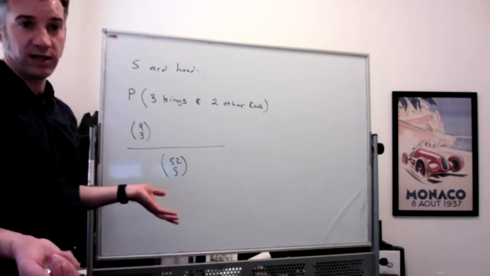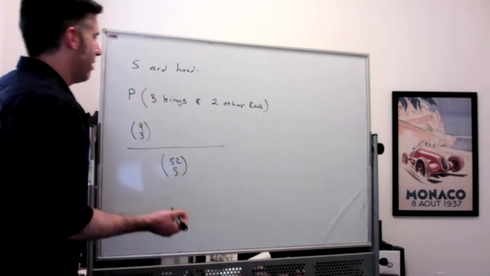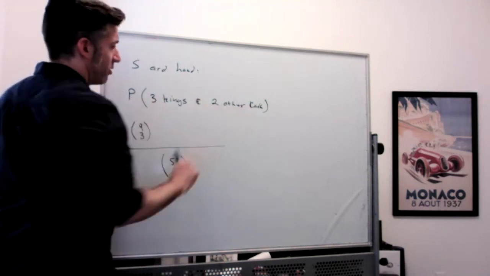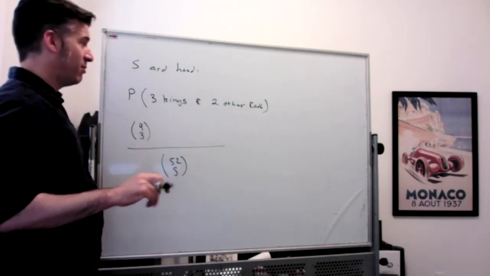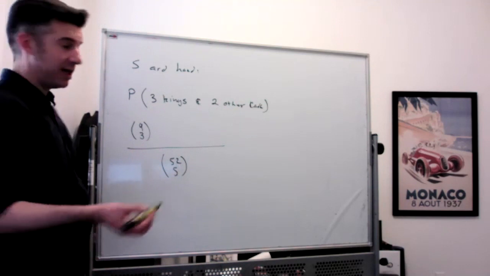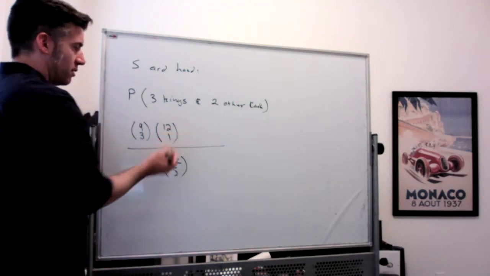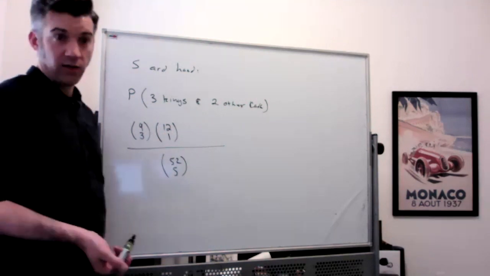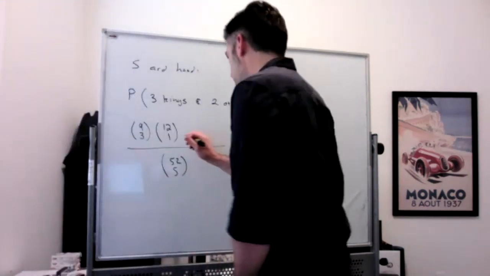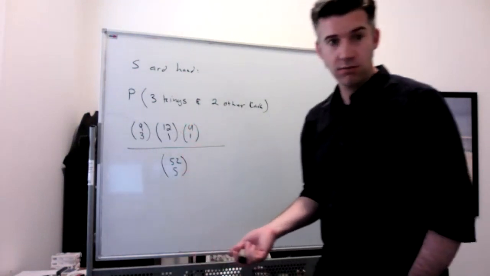There's 4 different ways of getting 3 kings. Basically, there's 4 different ways of excluding 1 king. And then 2 other cards. Well, I can pick anything that's not a king. So there are 12 other types of cards that are not a king. So there's 12 choose one ways of picking one other rank of card times 4 choose one ways of picking.